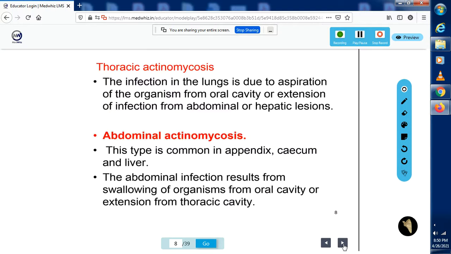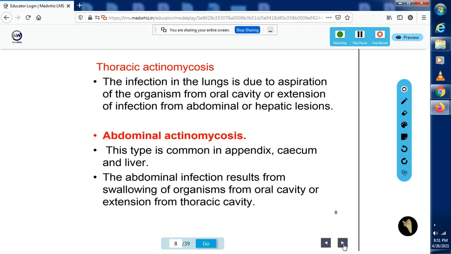So coming to thoracic actinomycosis, here mainly there is infection of the lung, and it can be because of aspiration of the organism from the oral cavity or extension of the infection from abdominal or hepatic lesions. In abdominal actinomycosis, it's more common in the appendix and the cecum, and also in the liver.